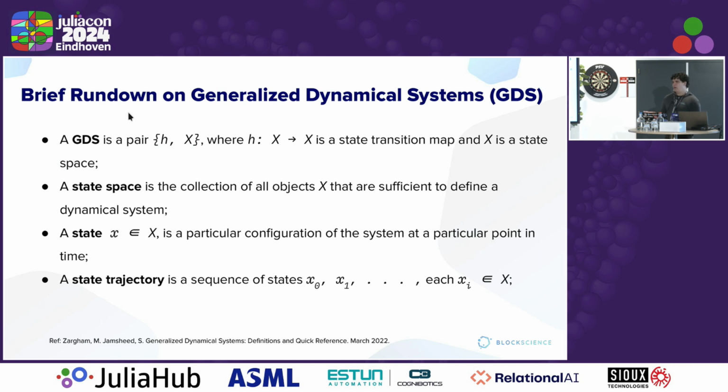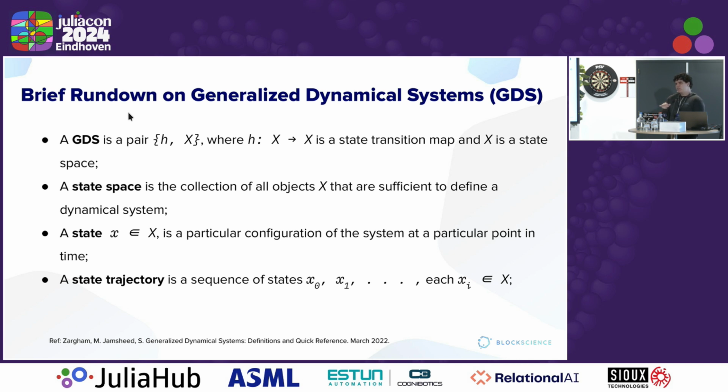A brief rundown of GDS from a mathematical standpoint. Basically a GDS is a pair, h and x, where the h from x to x, as we talked about on the regular dynamical systems slides, is a state transition map, and x is a state on a state space. So the big X, capital X, is actually the state space.